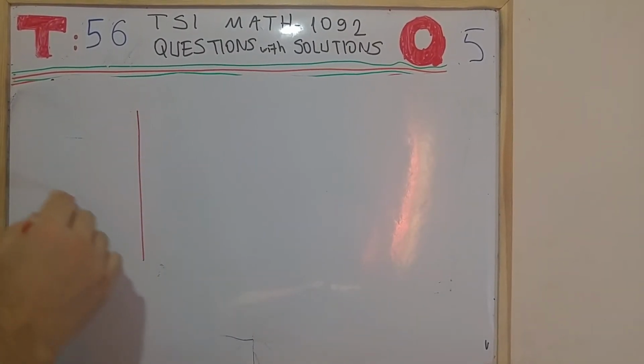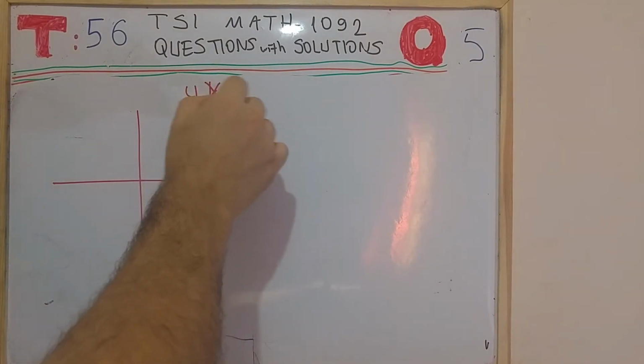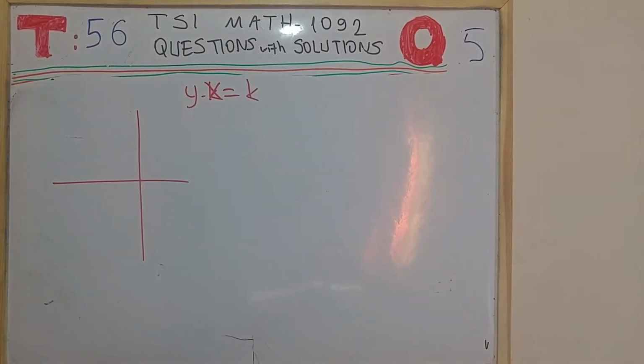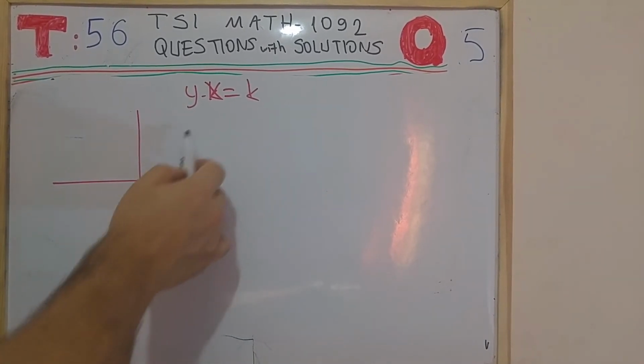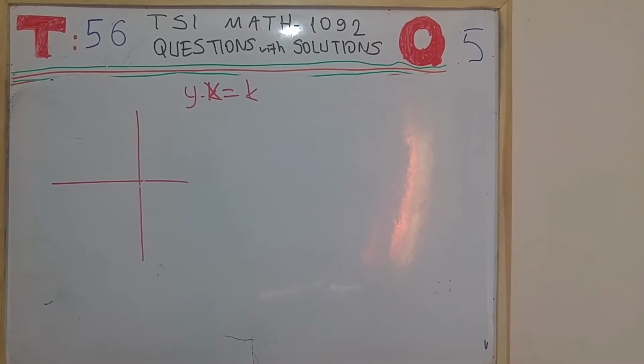An inversely proportional graph means that y times x is equal to some constant value. Therefore, it cannot be b, which has a line here, because it's not inversely, it is directly proportional.